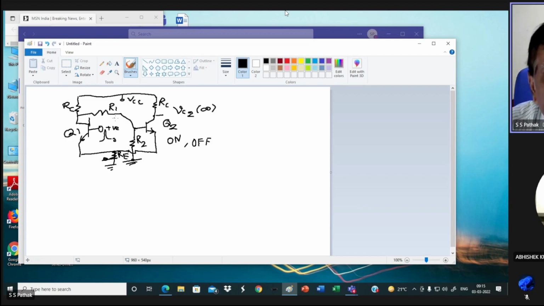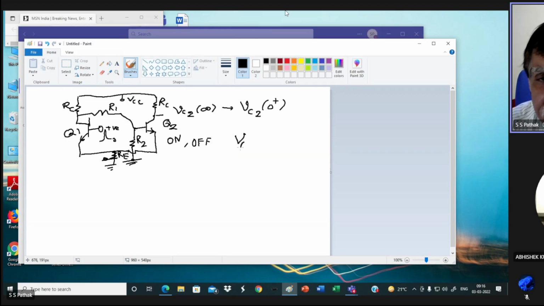So this is the way it is working. Now this has become active or off, whatever you say, this voltage has risen. So VC2 at 0 plus, I am finding. How much will this one be?